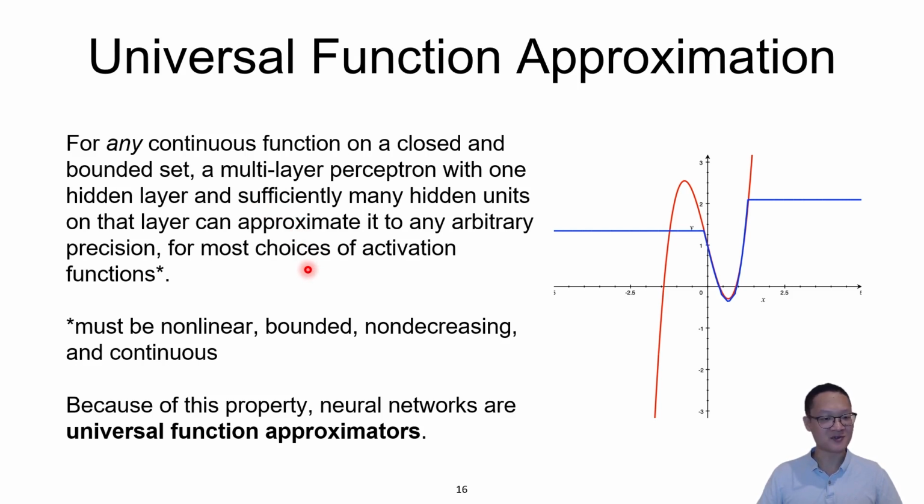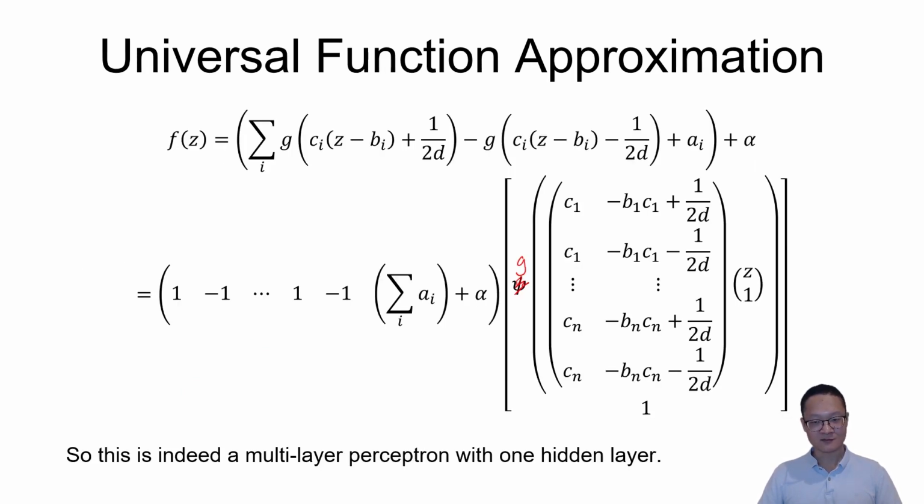Okay, and for most choices of activation functions, so the one we have seen is the ReLU activation function. Again, a lot of ugly math, but we need to see this once so that you know deeply what exactly we mean by universal function approximation.